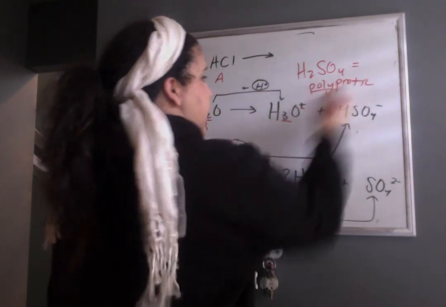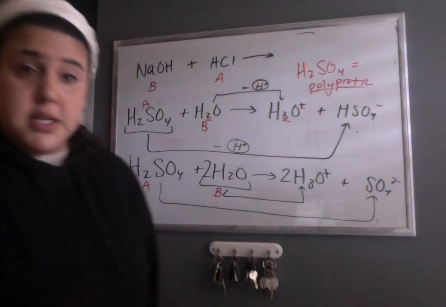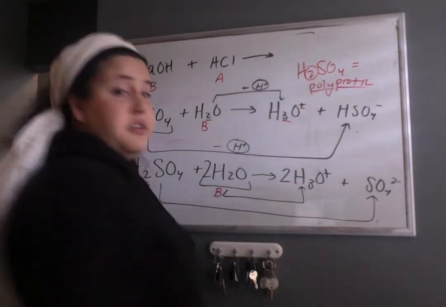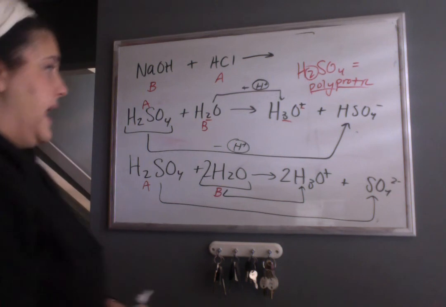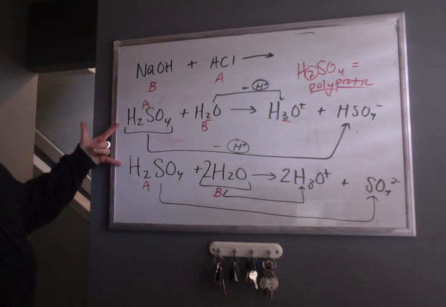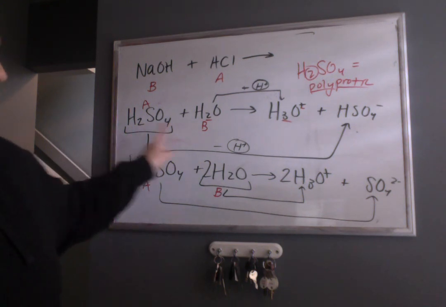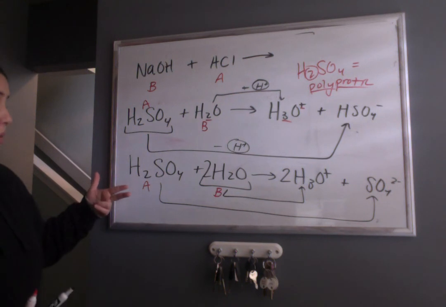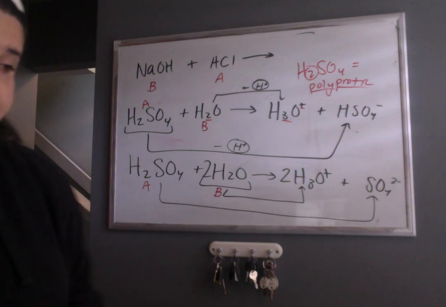Now, if you break that down, poly meaning many, protic having to do with protons, many protons. H2SO4 specifically has 2 protons that it could potentially donate. Okay, so my polyprotic acid now, again, I can write 2 different equations and both of these would be correct. The first one, where I had H2SO4 only donating 1 proton to water, my second equation written, where it is donating both of its protons to 2 different waters.